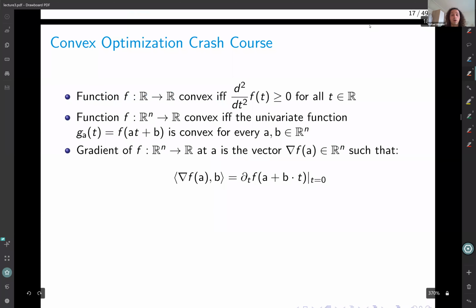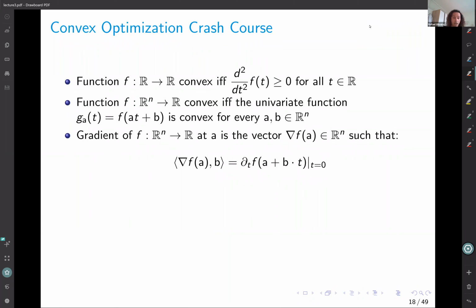Given a multivariate function, we can also define the gradient of this function.